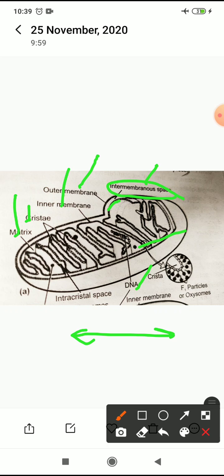Outer surface of outer membrane and inner surface of inner membrane are covered with thousands of small particles. The particles which are sessile and attached to outer membrane are stalkless, and these particles are called subunits of Parson.